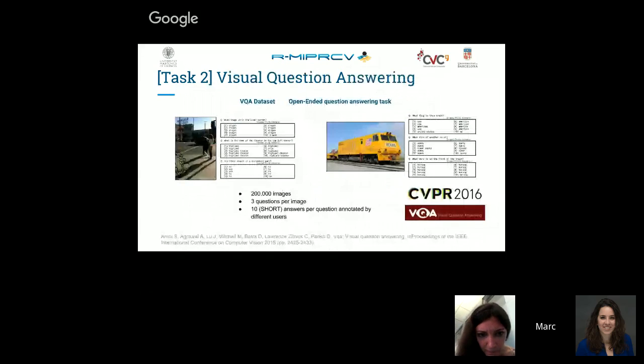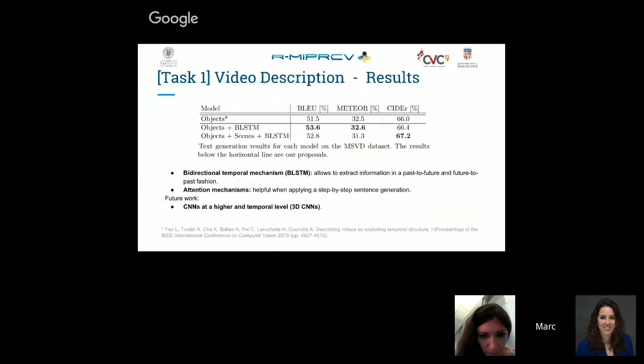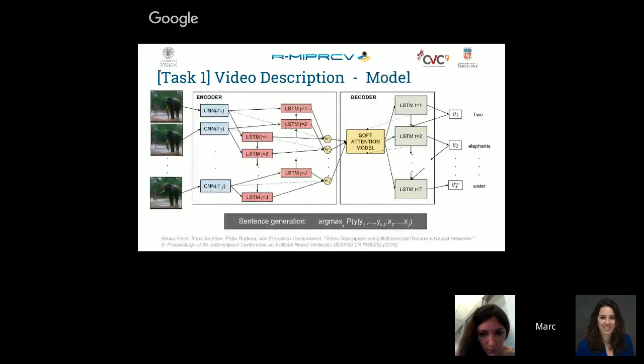But in the video description case, we saw that when we get information from the video to the past, the network is able to get action information that is not so easy to get in the forward direction.